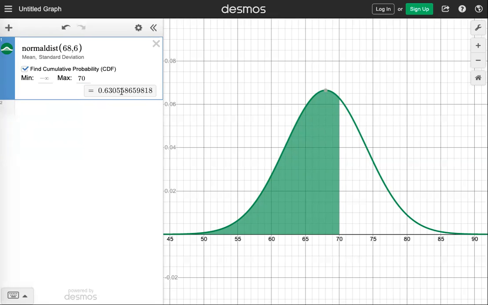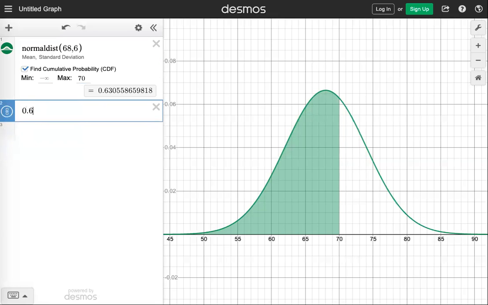That second 5 tells that first 5 to go up to 6, so I get 0.6306. To write my answer as a percentage, it's going to be 63.06% of all the data, or all the area under the curve.